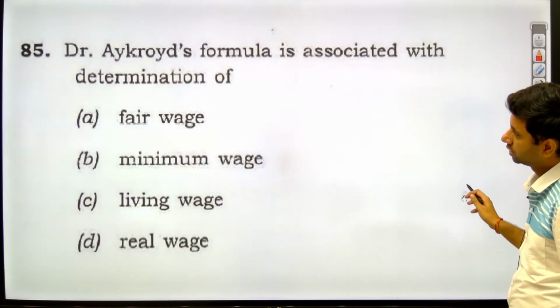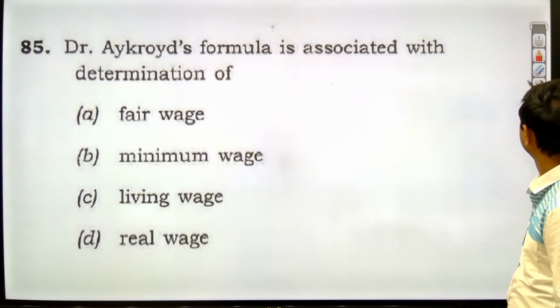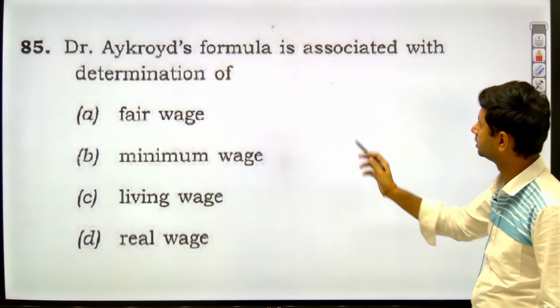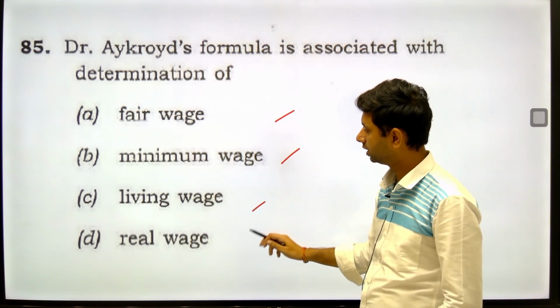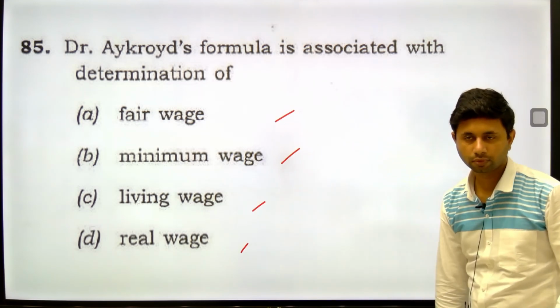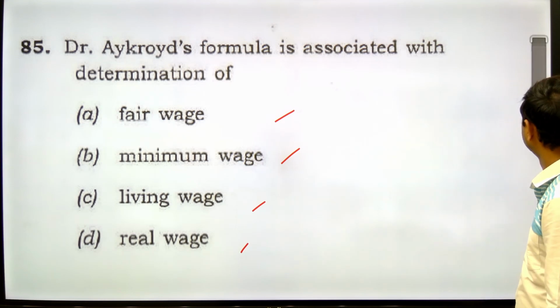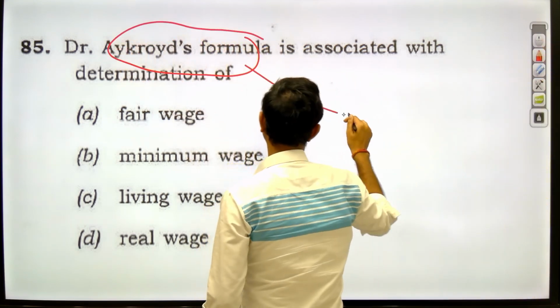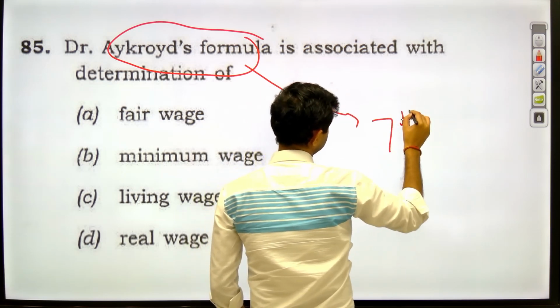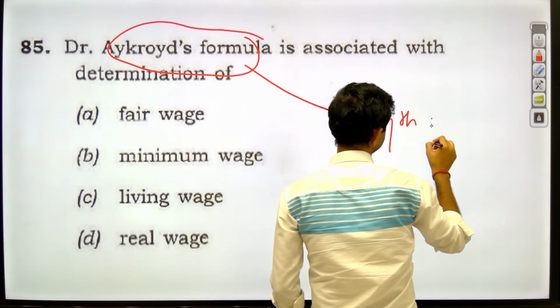Now let's move on to the next question, which is about Dr. Aykroyd's formula. It is associated with the determination of fair wage, minimum wage, living wage, or real wage. So tell me the answer. And this formula has been used to determine wages under the 7th Pay Commission.